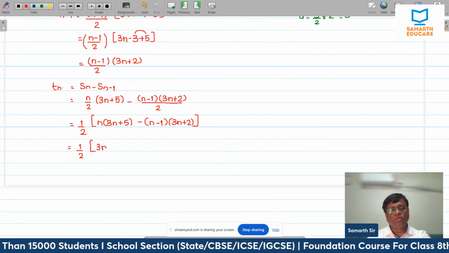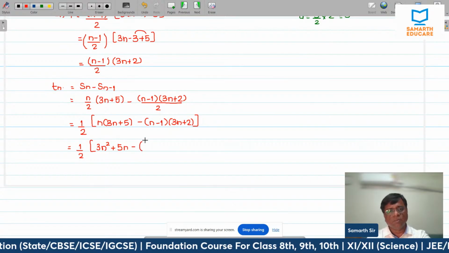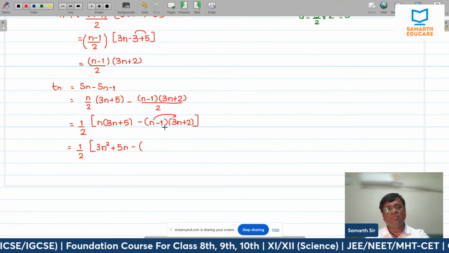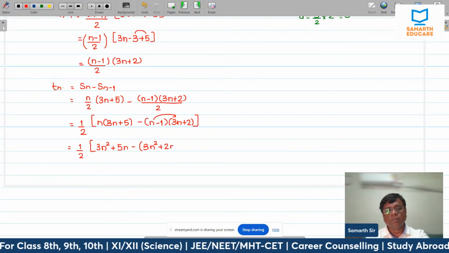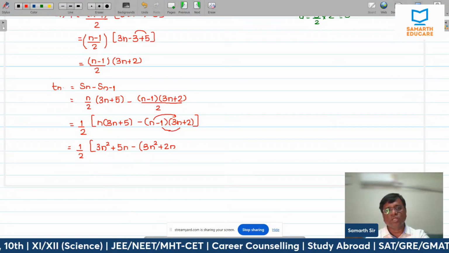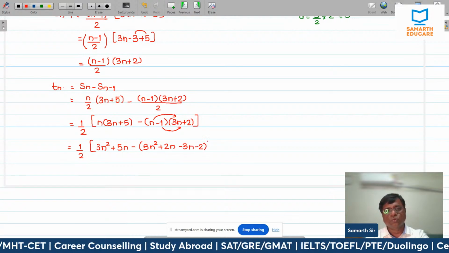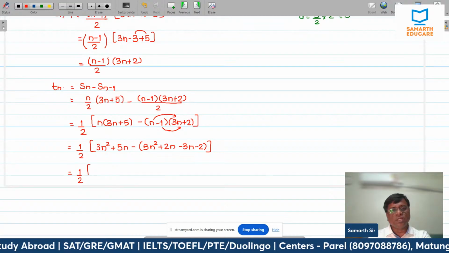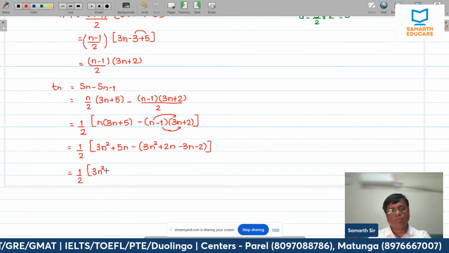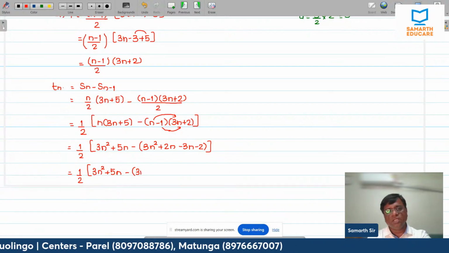Now this is 1 upon 2. This becomes 3n square plus 5n minus. I'll first multiply this bracket by n, so this becomes 3n square plus 2n. Then I'll multiply by minus 1 this bracket, so what happens? Minus 3n minus 2. Have patience while solving this type of problem: 3n square plus 5n minus 3n square minus n minus 2.